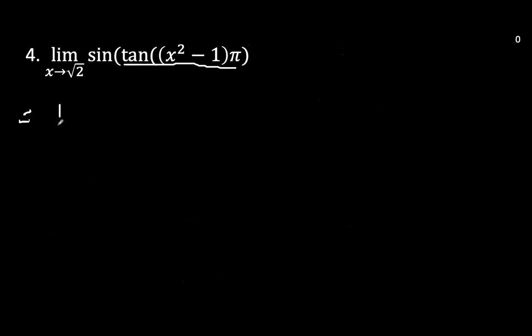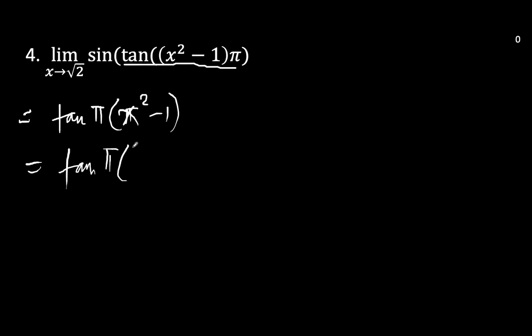So we have tangent pi times x squared, oh sorry, x squared minus 1. Since our x approaches square root of 2, let's substitute that here. Pi times square root of 2 squared is 2, minus 1. So this becomes tangent pi.